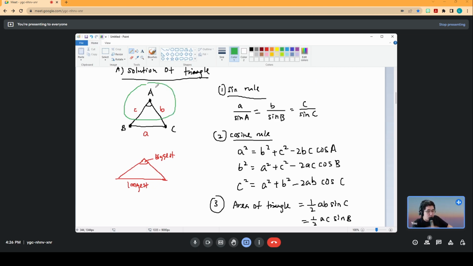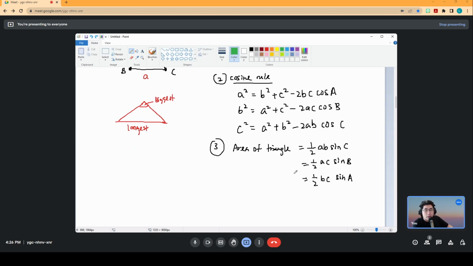Check whether this one has complete information, or maybe this side has complete information. If it has complete information, you can apply it.